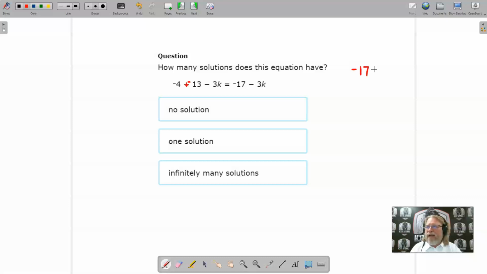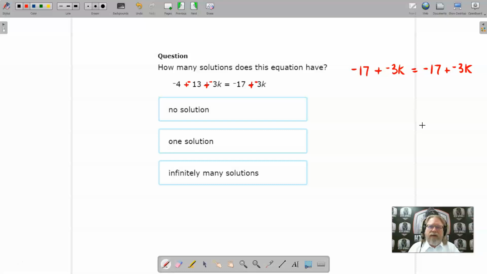And negative 17, and let's change this to plus a negative 3k, and set that equal to negative 17, plus negative 3k. I now have negative 17 plus negative 3k equals negative 17 plus negative 3k.